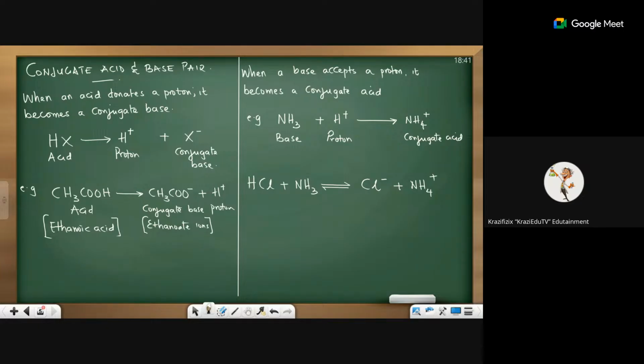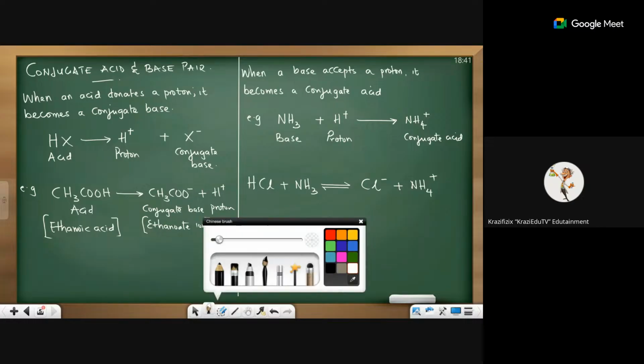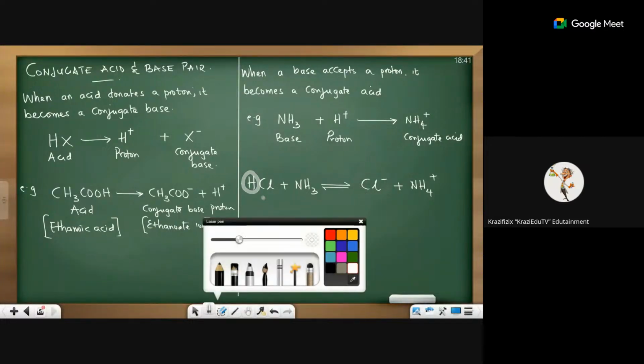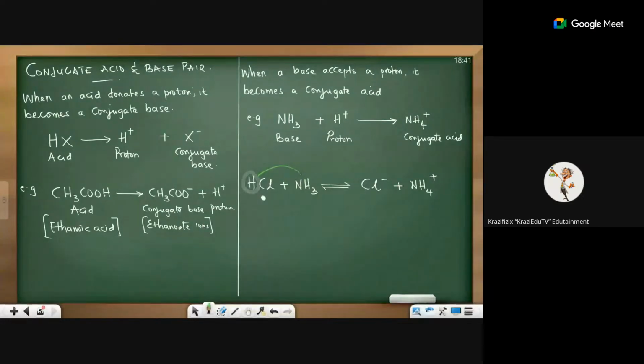Let's move from left to right. What do you notice here? HCl. And here it has become Cl-. What does that tell you? It has actually lost this H, so it lost it by transferring there. Make sense? And when that one receives it, it becomes NH4+.